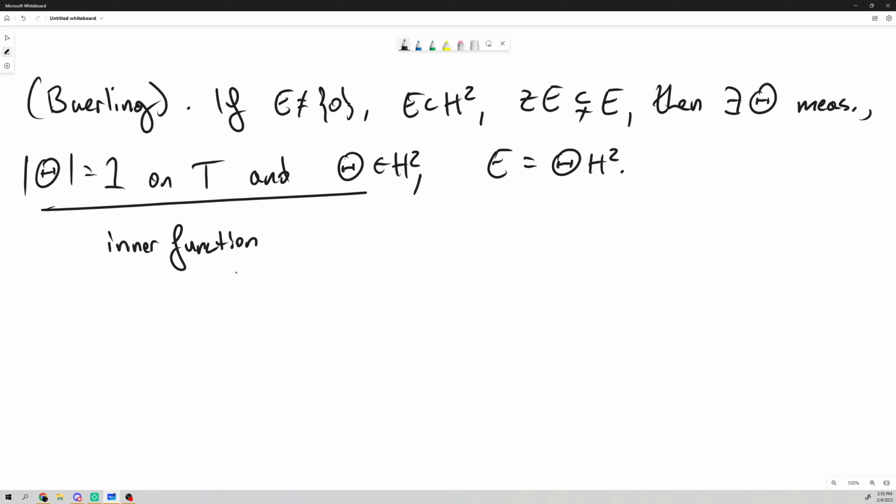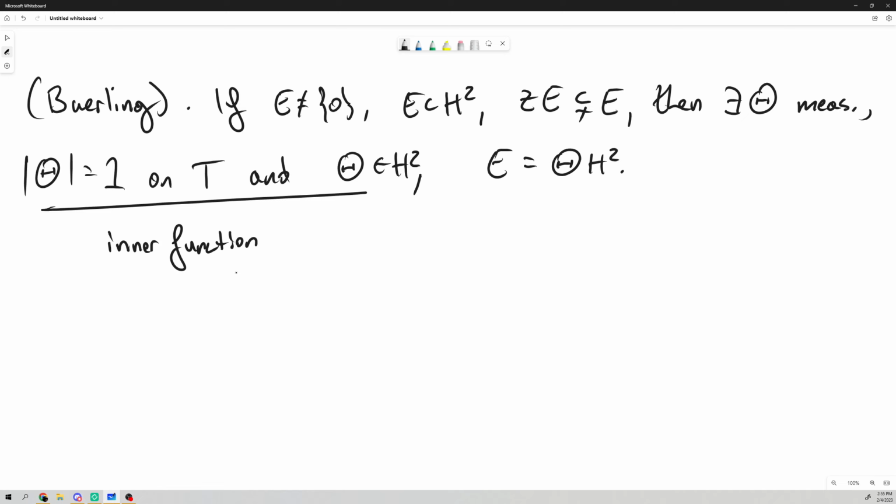They come from basically this motivation to study when subspaces are invariant, doubly invariant, simply invariant. Okay, and we know double invariance if we can write that subspace as a characteristic function applied to L2. But now we have this existence of a function. We can write E as this function, not necessarily a characteristic function, but we know it's unimodular on T. And so E is going to be equal to that function applied to H2.